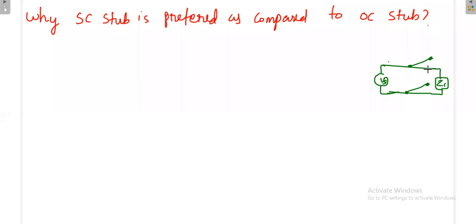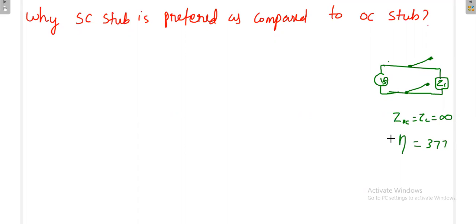For this open circuit, ZOC, exactly at the load, the impedance should be infinite. But you know one thing: if you terminate this stub in free space, the free space impedance is 377 ohm.